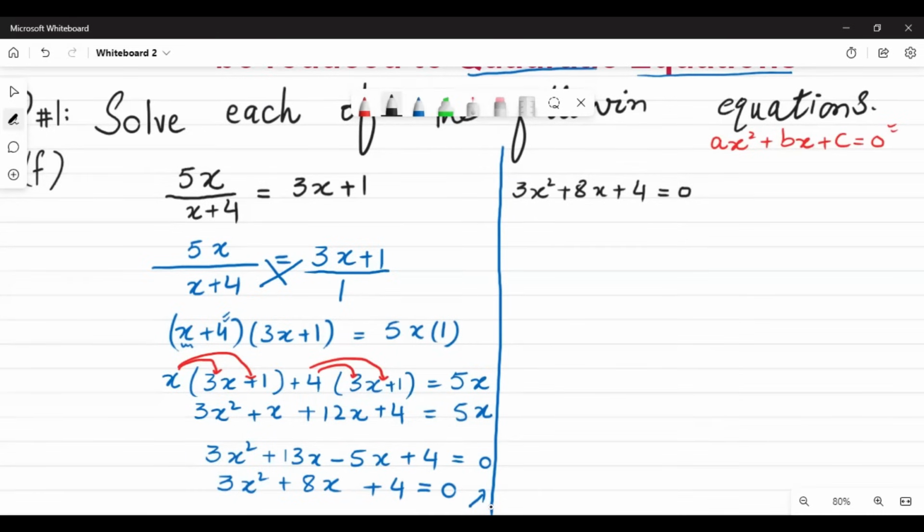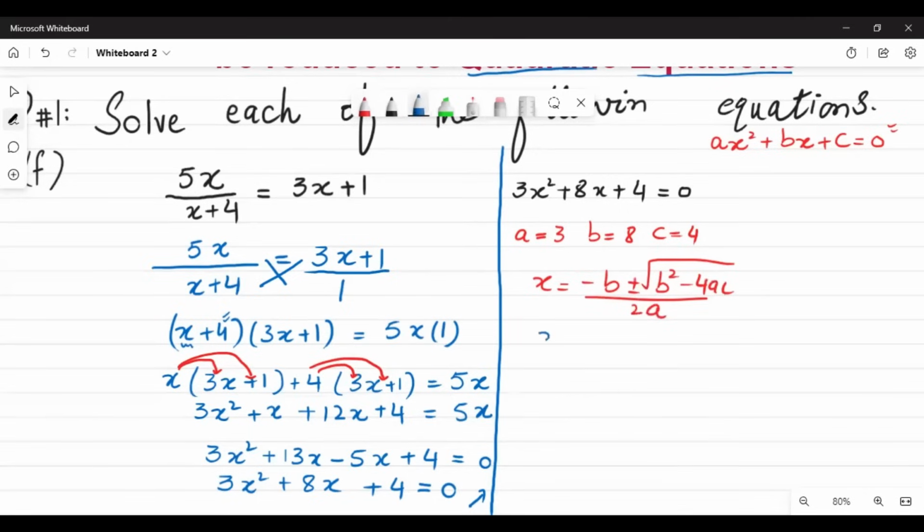So we are going to simply solve it. I'm solving this by using the quadratic formula, and according to the quadratic formula, I need the a, b, c values. a is 3 here, b is 8, and c is 4. We know the quadratic formula: x is equal to minus b plus minus the square root of b squared minus 4ac, divided by 2a.